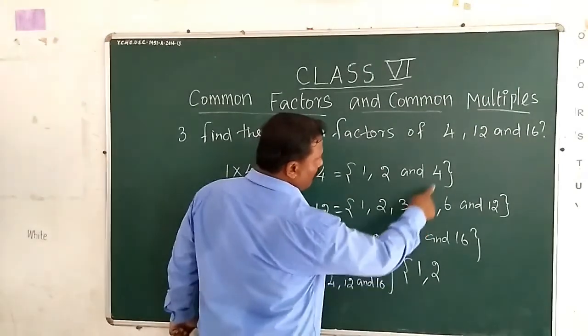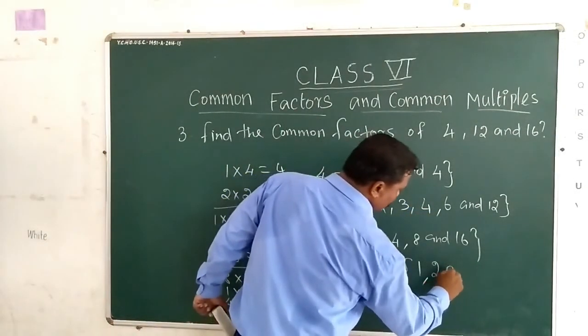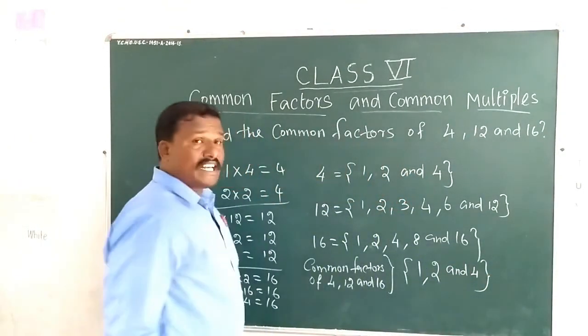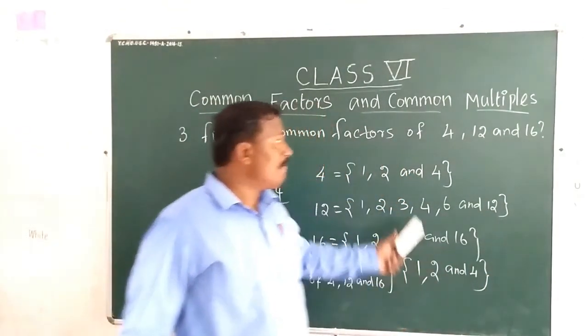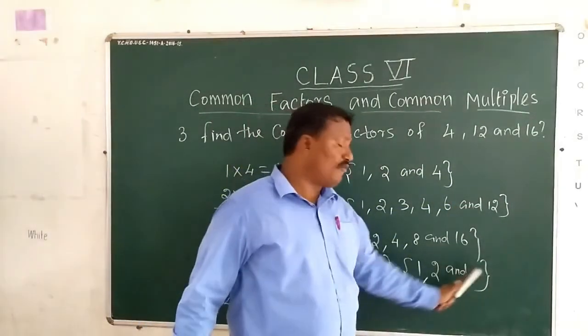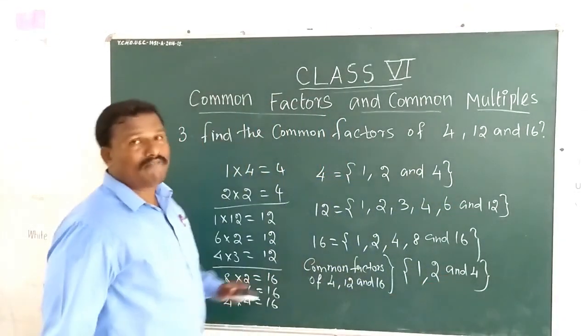Then 4, 4, 4. So these three factors 1, 2 and 4 are the common factors of 4, 12 and 16. Okay.